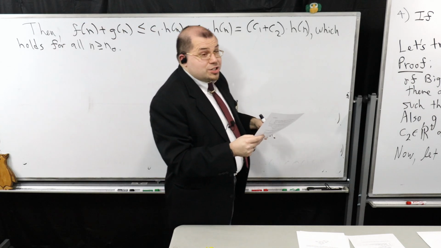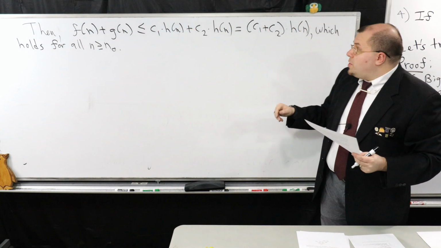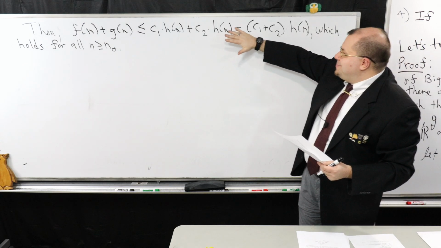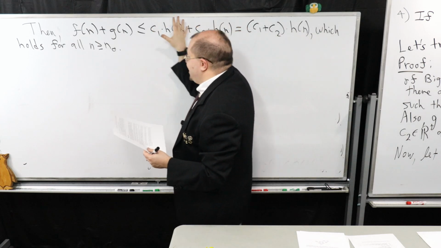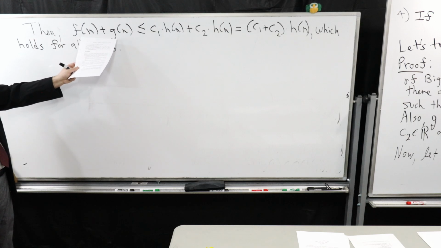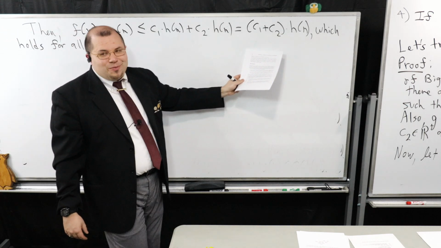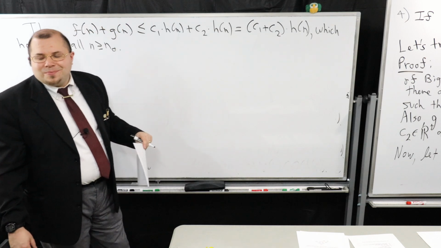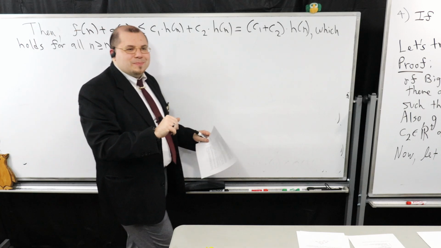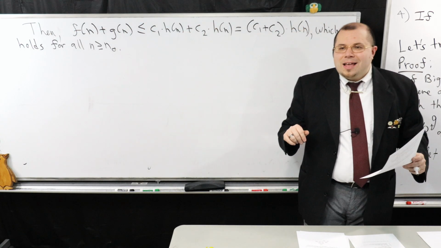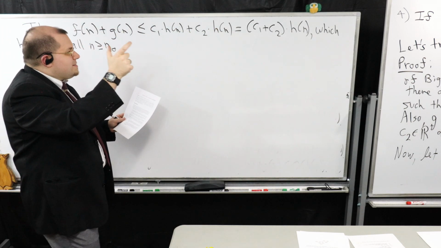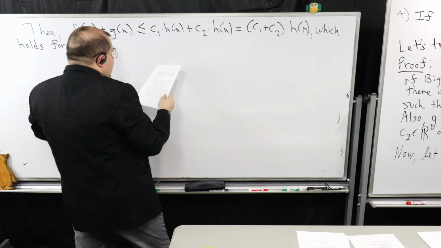Now, any questions? Actually, I have a question quickly for you. What should I pick for c? I'll give you a hint. Pretend this part I have in the middle is not there. Just read this f plus g part and what I have over here. Remember back to the definition of big O. Yes, you take the sum, C is going to be C1 and C2 added together. Perfect.